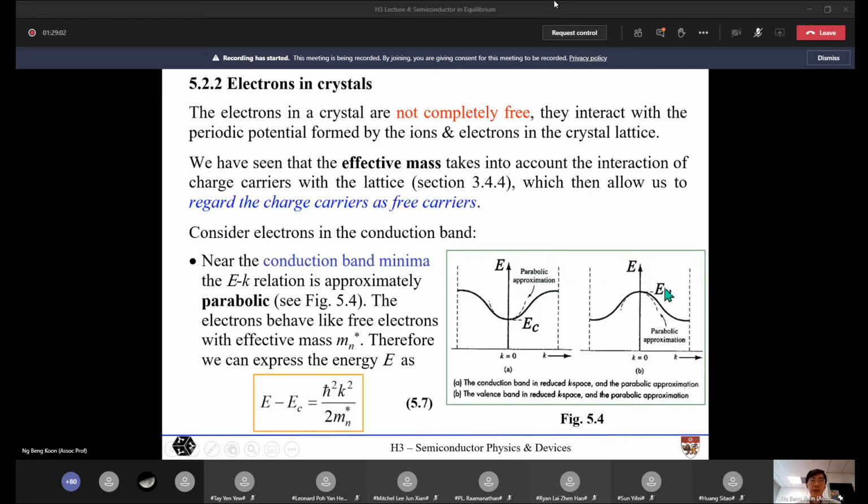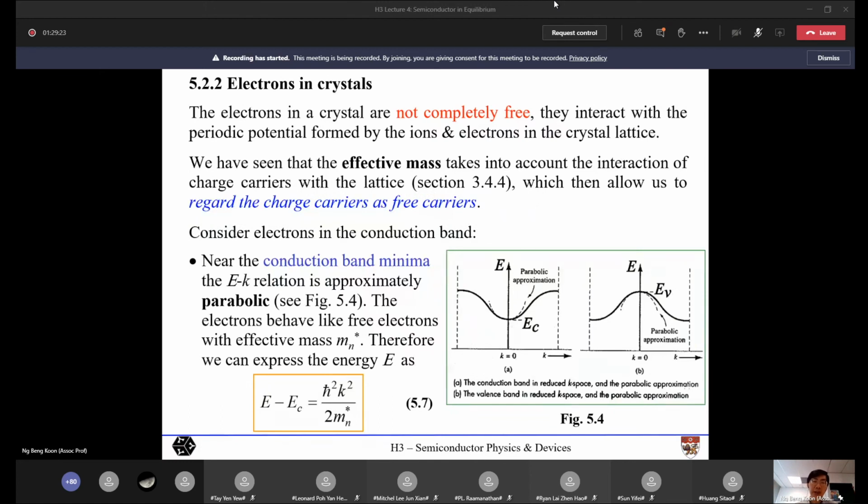Of course, in the case of an electron in a crystal, it's strictly speaking no longer a free electron. But remember previously we said that in the case of an electron in a semiconductor, the E-k relation is still approximately parabolic near the conduction and valence band edge.